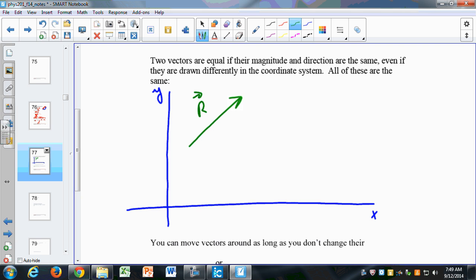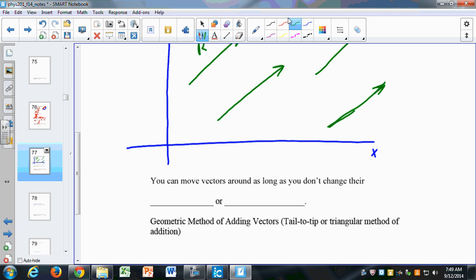That vector r is the same if I draw it over here, it's the same if I draw it over here, it's the same if I draw it over there. As long as I keep the same magnitude and direction, I can move that vector around however I want. It's basically like moving your coordinate system, and I can move my coordinate system however I want. So as long as you don't change their magnitude or their direction.